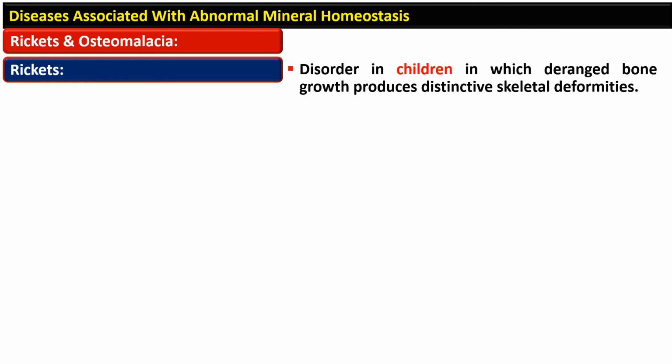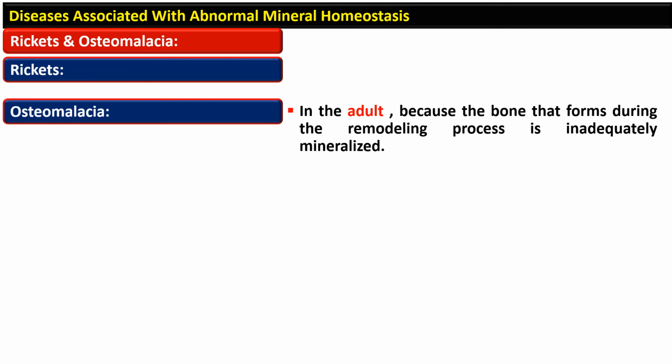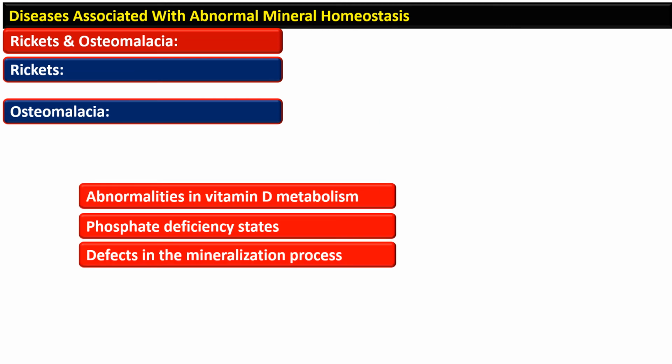Rickets is a disorder in children in which there is derangement of the bone growth plate and it produces characteristic abnormalities, while osteomalacia occurs in adults in which the bone that is formed during the remodeling process is not properly mineralized. The basic pathogenetic mechanisms in these diseases are abnormalities in vitamin D metabolism, phosphate deficiency states, or defects in the process of mineralization.